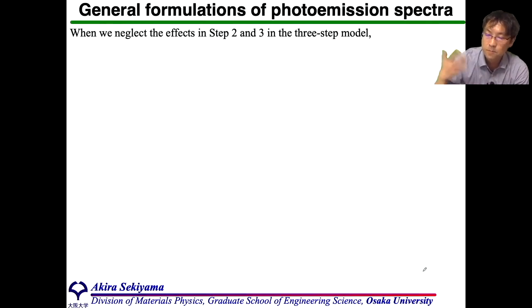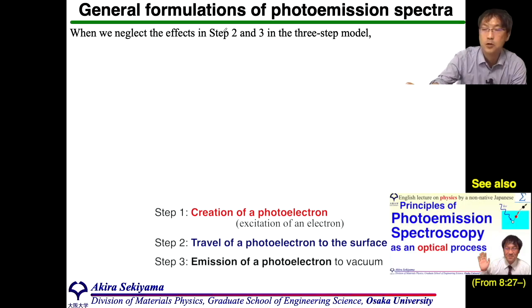Then we can understand the general formulation of the photoemission spectra. Here we neglect the effects of step 2 and step 3 in the three-step model. Step 2 is travel to the sample surface, and step 3 stands for the emission into vacuum.